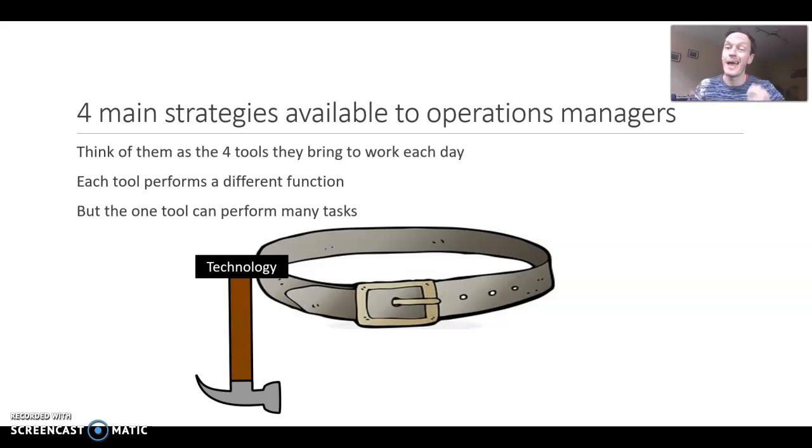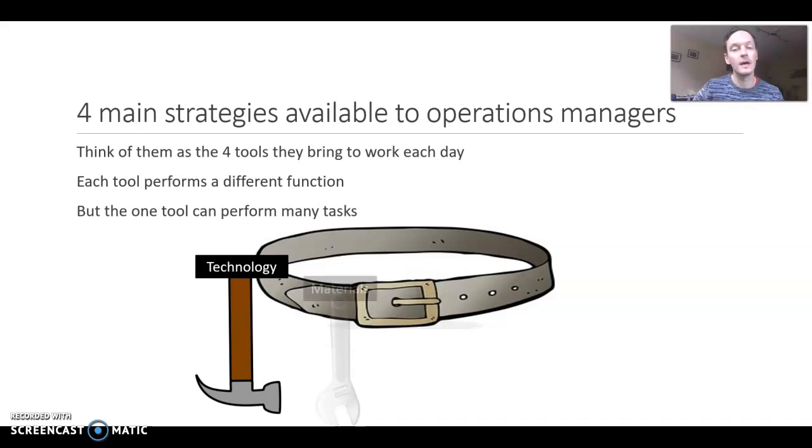Just like a hammer does multiple things, a hammer can hammer a nail into wood, it can also take the nail out of wood, it can flatten soft metal, whatever hammers do, your operations management strategies also do lots of different things. When we're learning about technology, there are 4 sub-strategies within technology that all improve the effectiveness or efficiency of operations.